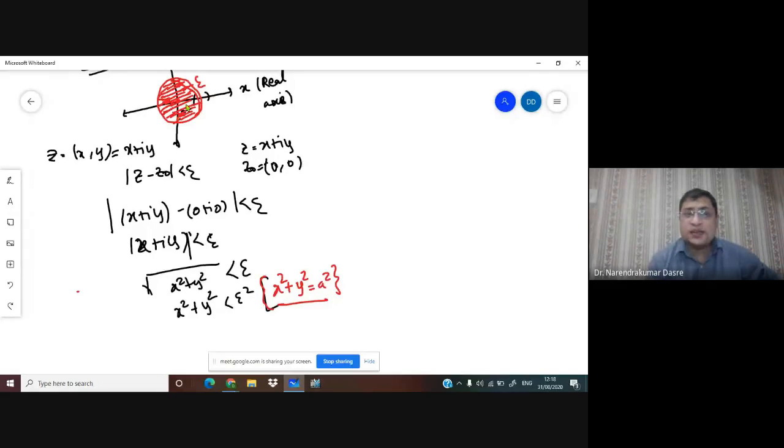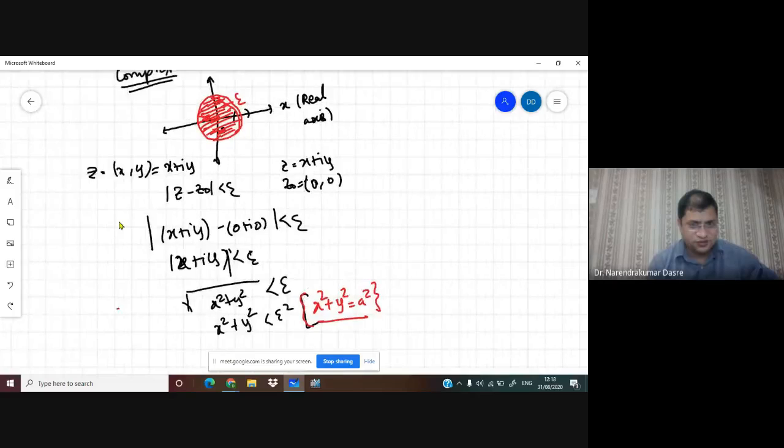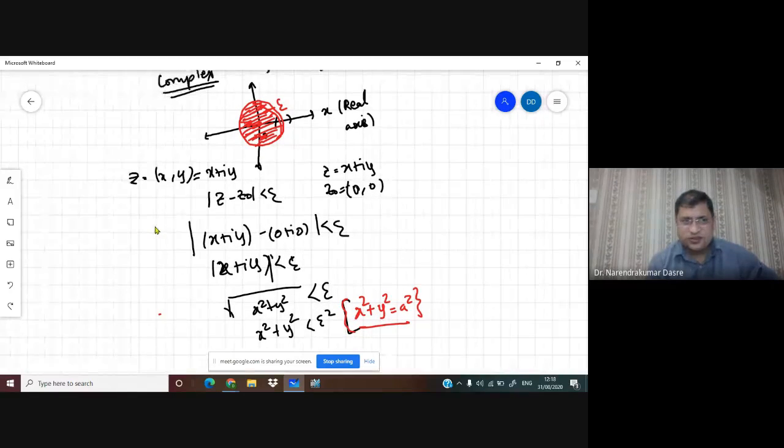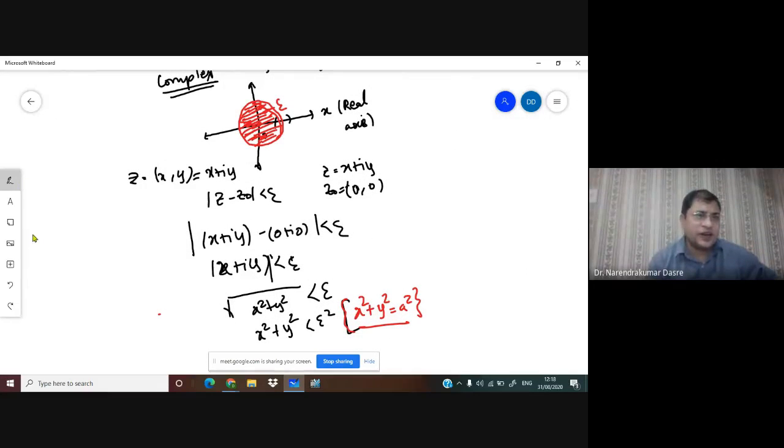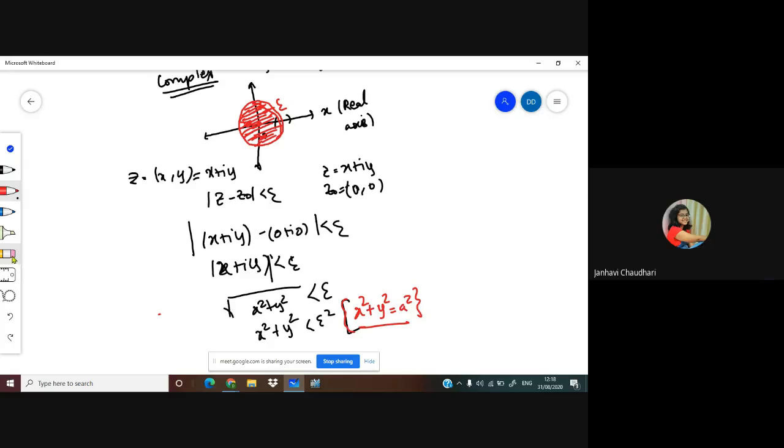So the circle is a boundary, and what we get is the area inside the circle. If you cut this boundary, what will you get? A disk.